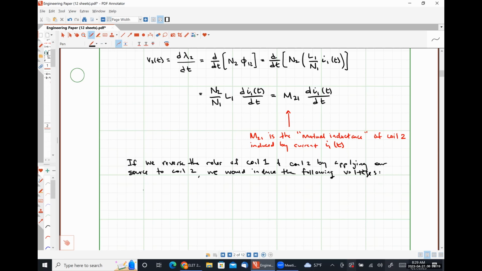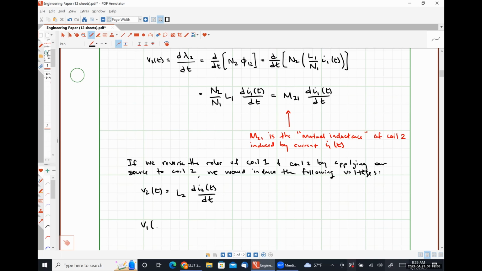So what we would get is that the voltage drop across coil 2 would only have a self-induction term. So that would look like L2 times the derivative of I2 with respect to time.